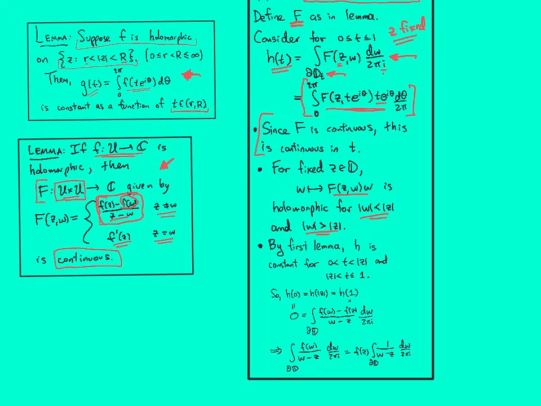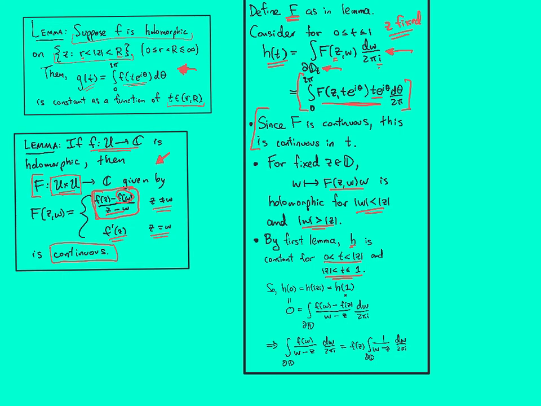So by this first lemma, h here will be constant in these ranges where we know the function that we have is holomorphic. So it's constant for t between 0 and modulus of z, and it's constant in the other range where we know it's holomorphic. That's for t between modulus of z and 1.